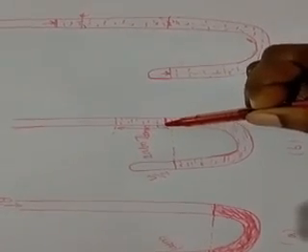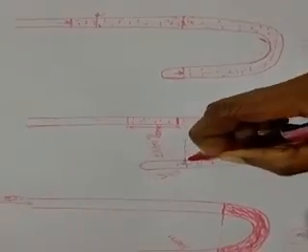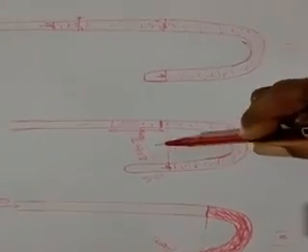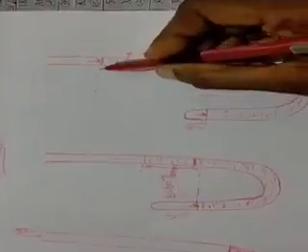M is mass and D1, D2 are the densities of the gas, P1 is pressure and P2 is pressure 2. So we can derive the equation P1 divided by D1 equal to P2 divided by D2. This is the relation between pressure and density by Boyle's law.